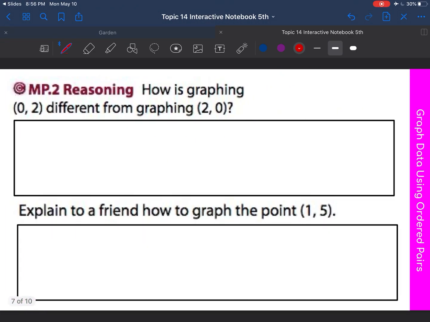And then lastly, these two problems. It says, how is graphing 0, 2 different from graphing 2, 0? How is it different?